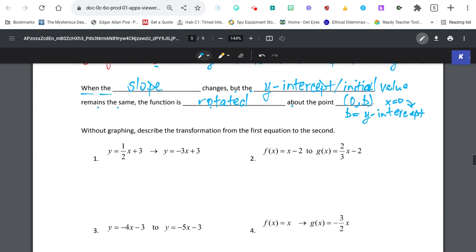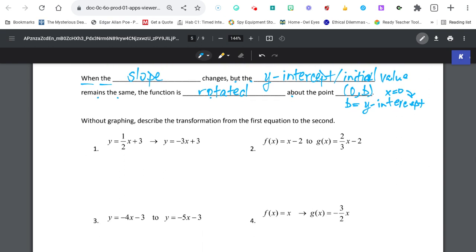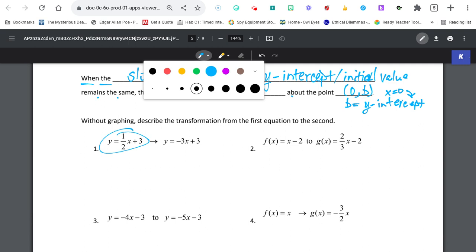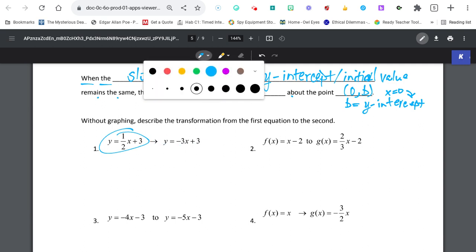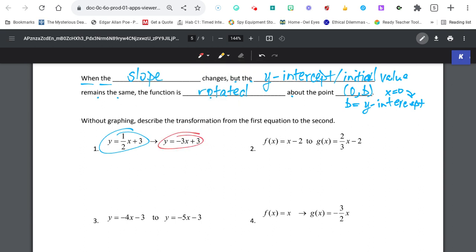All right, let's take a look at some of these problems here. It says, without graphing, describe the transformation from the first equation to the second. Okay, this is my first to my second. I can see that the y-intercept stays the same, and the slope changes. So the slope went from 1/2 to negative 3.